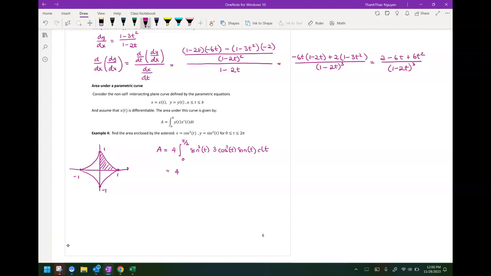Let's simplify this. We get 4 times the integral from 0 to pi over 2 of sine to the 4th of t, and we have a 3, so bring that down. Here's 12, cosine squared of t dt. I can lower the exponent.